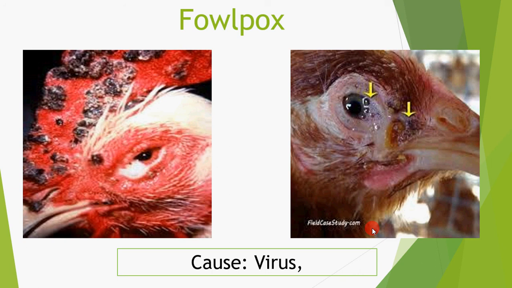The cause of this disease is a virus. If you look at the two pictures here, the pox looks like a pimple created on the comb or head, and here on the top of the eyes as well. This is called the pox.